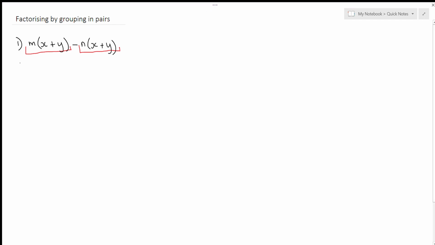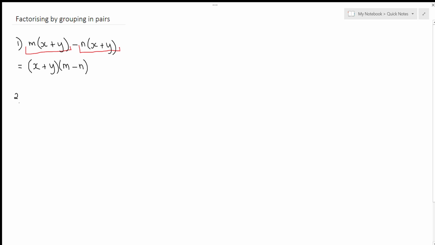And in this case, it is x plus y. So we take out our common factor of x plus y. Then you look at your first term and you look at what is left. And here you can see that it's m. What is left in my second term? It's minus n. So we factorize, we've got x plus y, m minus n.